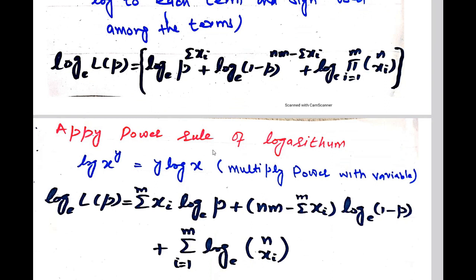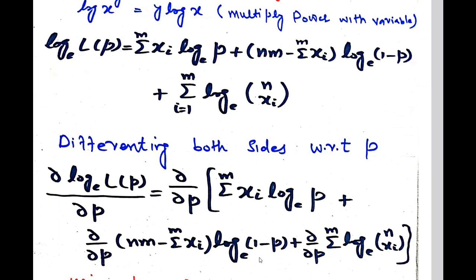Then apply the power rule of the logarithm: log of x power y is y times log of x. In the power rule we multiply the power with the log of the number. So log L(p) is equal to sum of xi log p plus nm minus sum of xi log of (1 minus p) plus the sum for i varies 1 to m of log of nC xi.